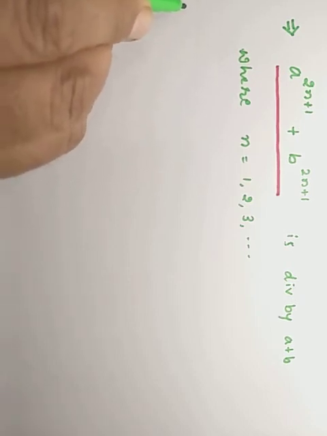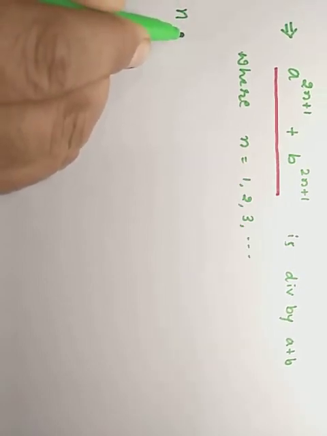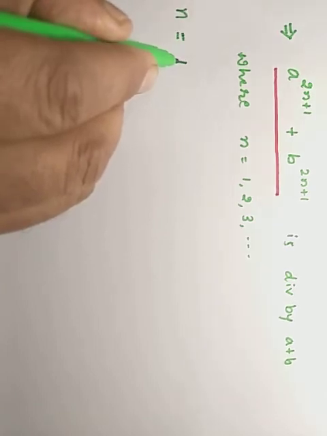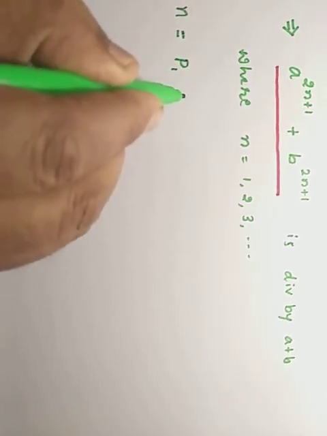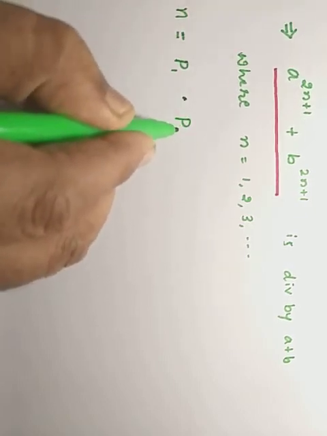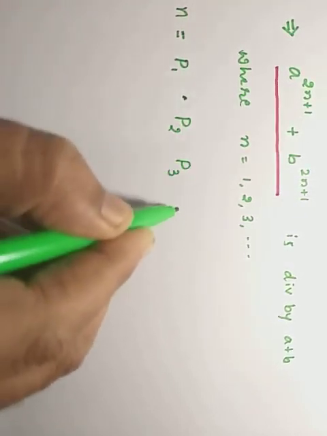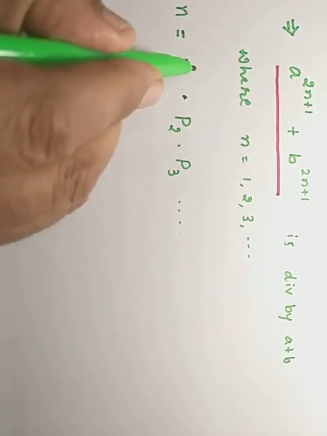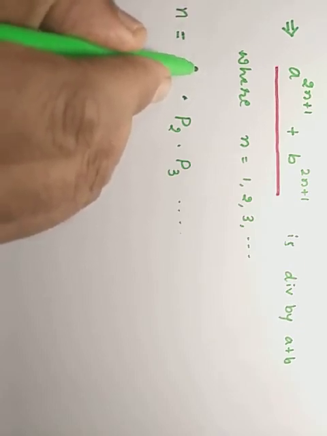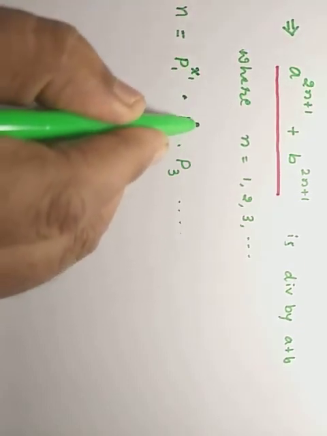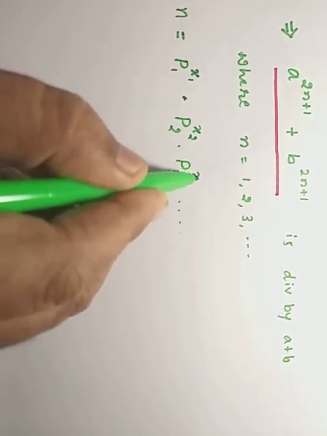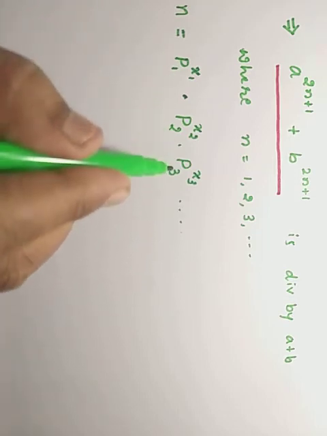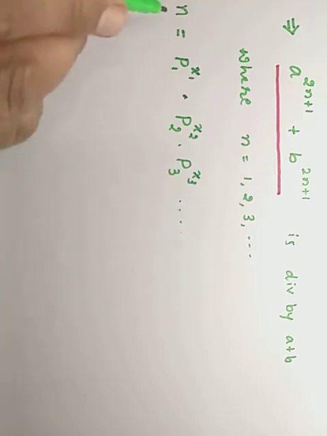Suppose n is equal to p1 into p2 into p3 and so on, with powers x1, x2, x3 and so on, where p1, p2, p3 are prime factors of n.